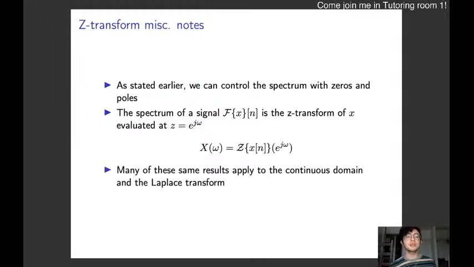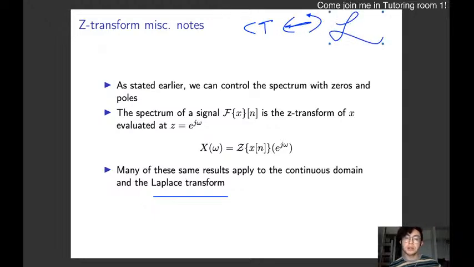And just as a final note, most of these results are going to have a corresponding continuous domain result via the Laplace transform. If we're working in continuous time, then we'll use the Laplace transform.